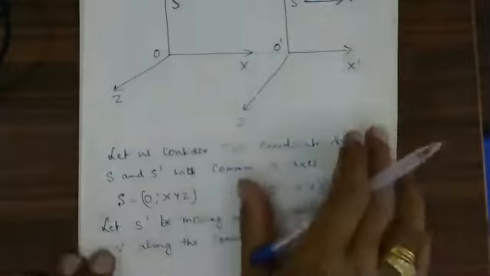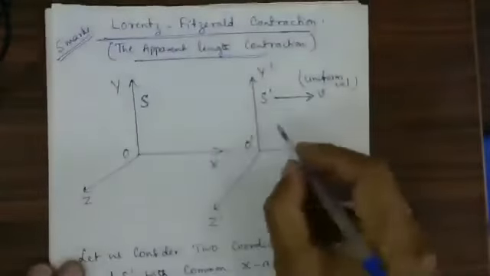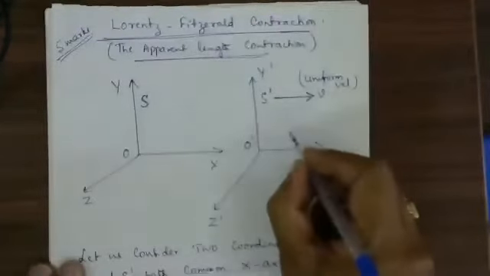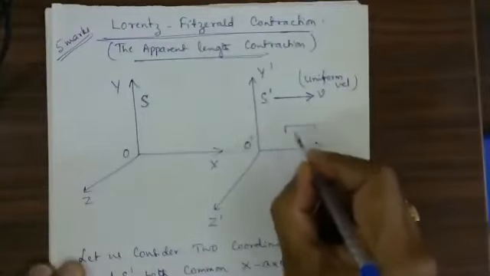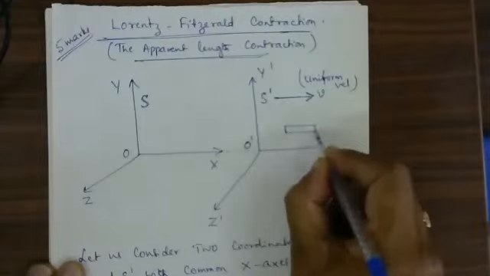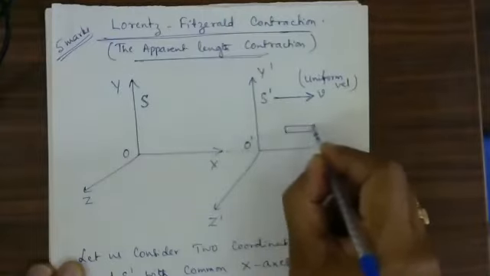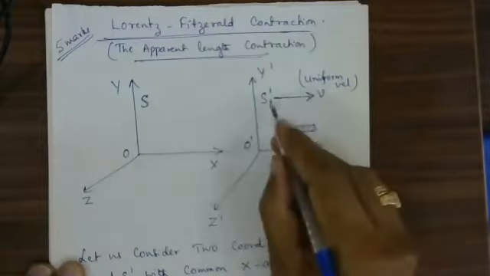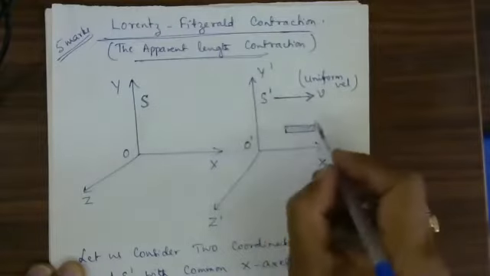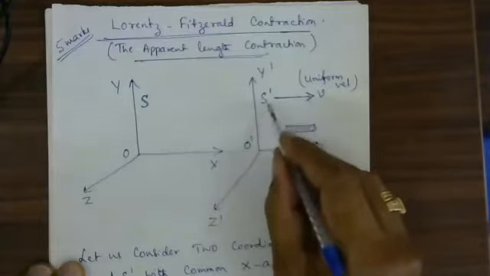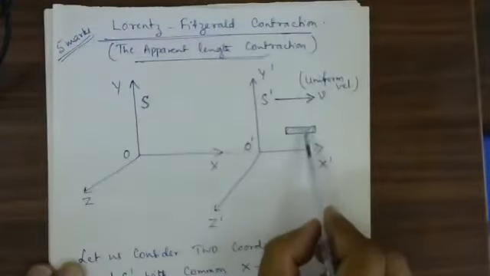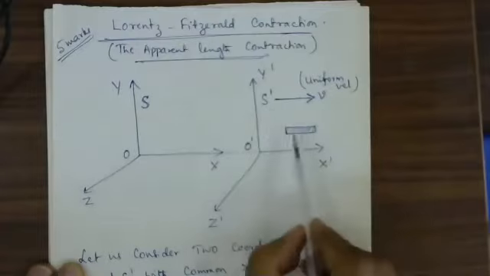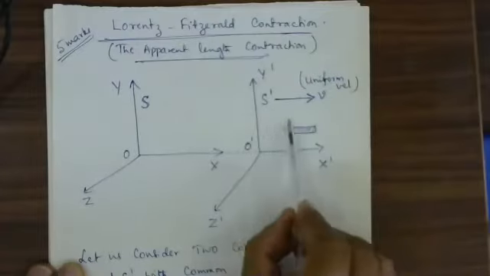Now I am going to consider a rod existing here. An iron rod or some other rod which is existing in frame S dash. Let us consider a person is present in S dash. The frame is moving, the rod is also moving, the person is also moving.